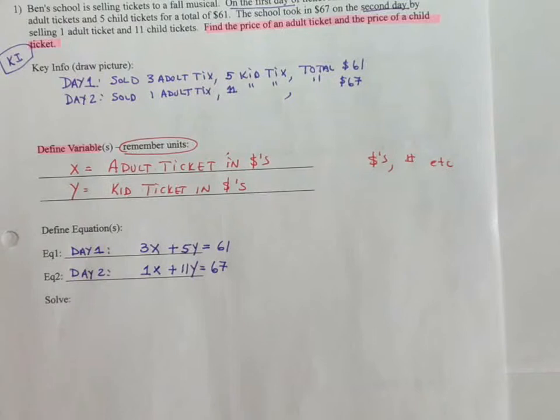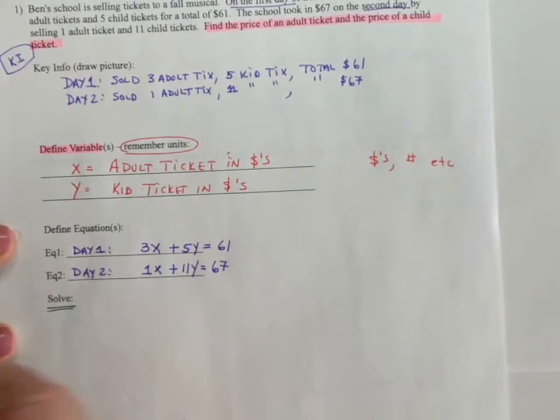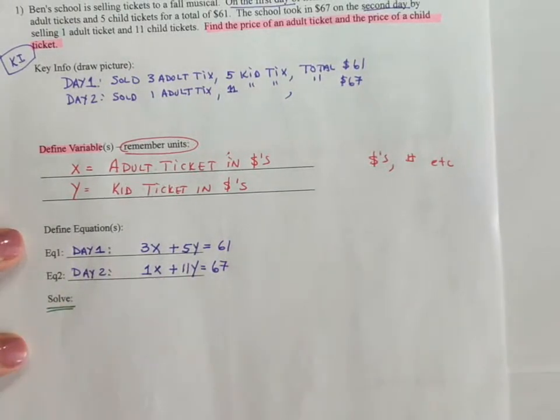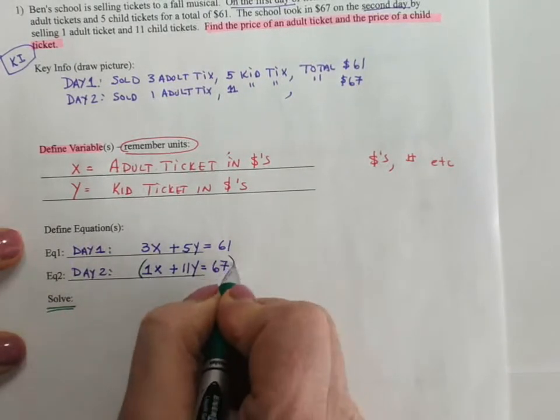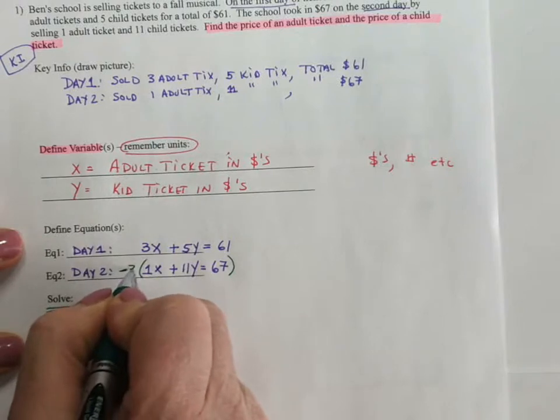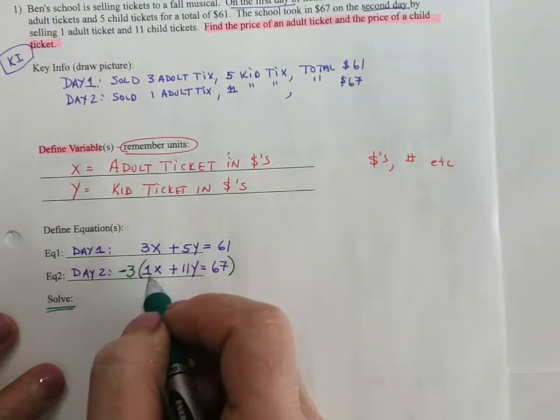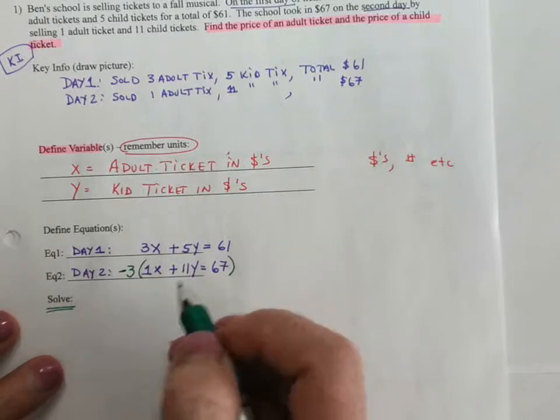So now we want to solve. The easiest way to solve this is going to be the elimination method. If I take the second equation and multiply it by -3, you'll notice 3x minus 3x, the x's are going to cancel out.